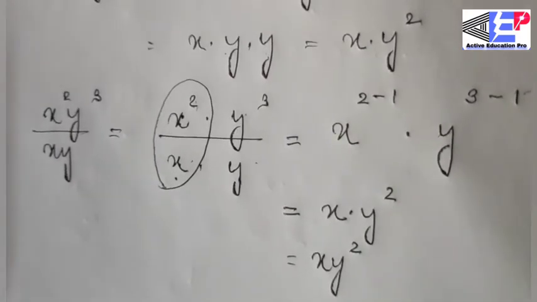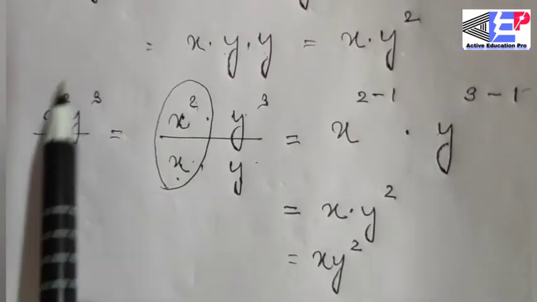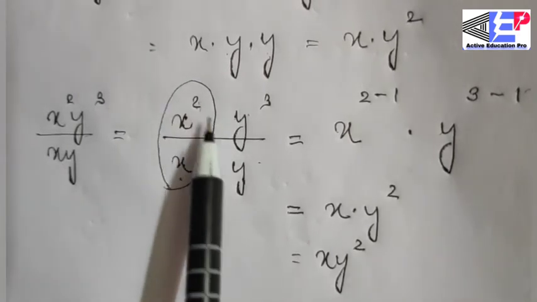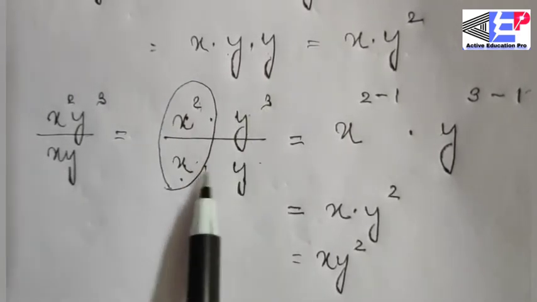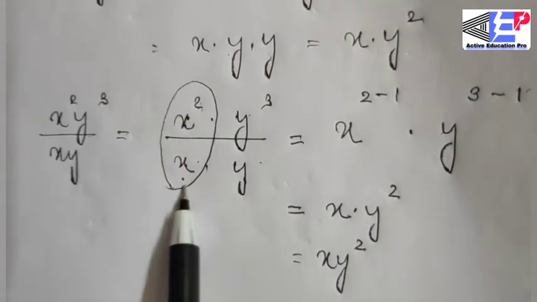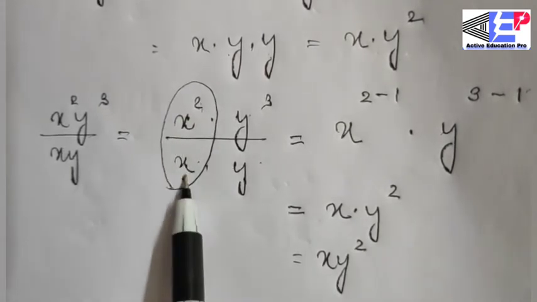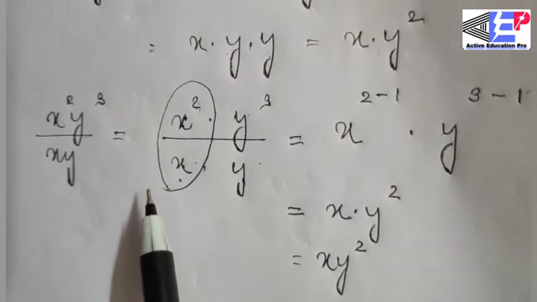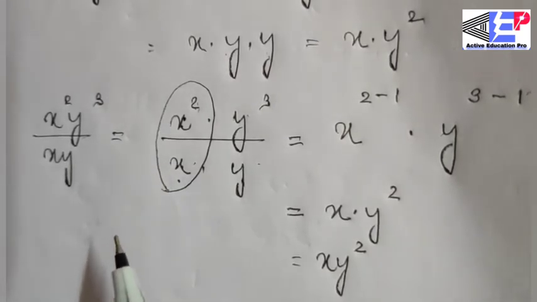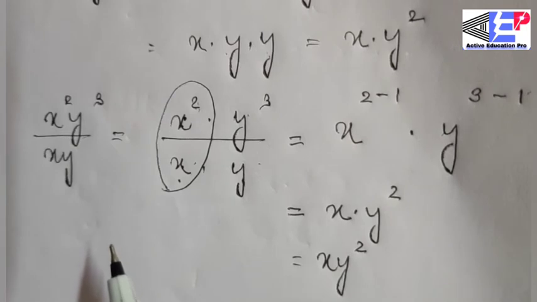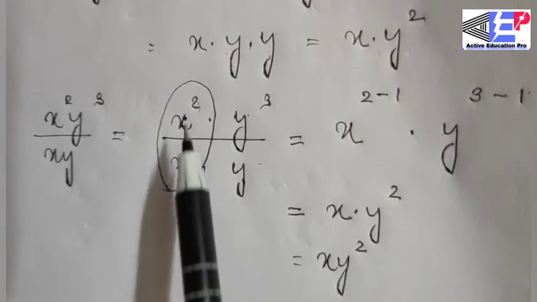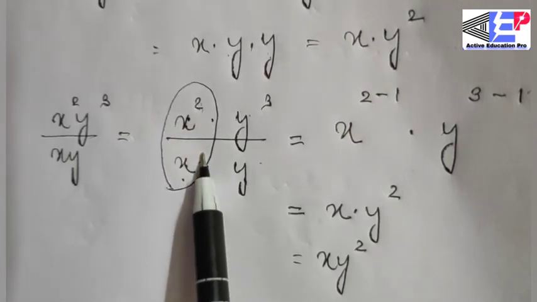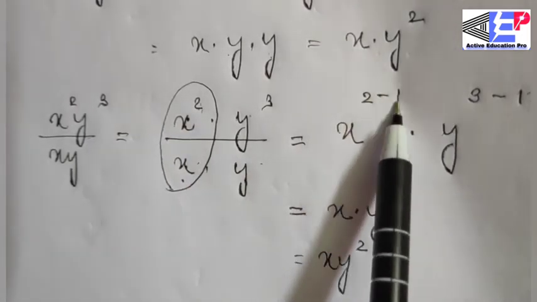Again I repeat it. X square y cube divided by xy is equal to x square into y cube divided by x into y. In this part, variables same, x. So as per our division rule, if variables are the same, then write the variable and subtract the power of denominator from the numerator. Here the power of numerator is 2 and denominator is 1, then subtract 2 minus 1.